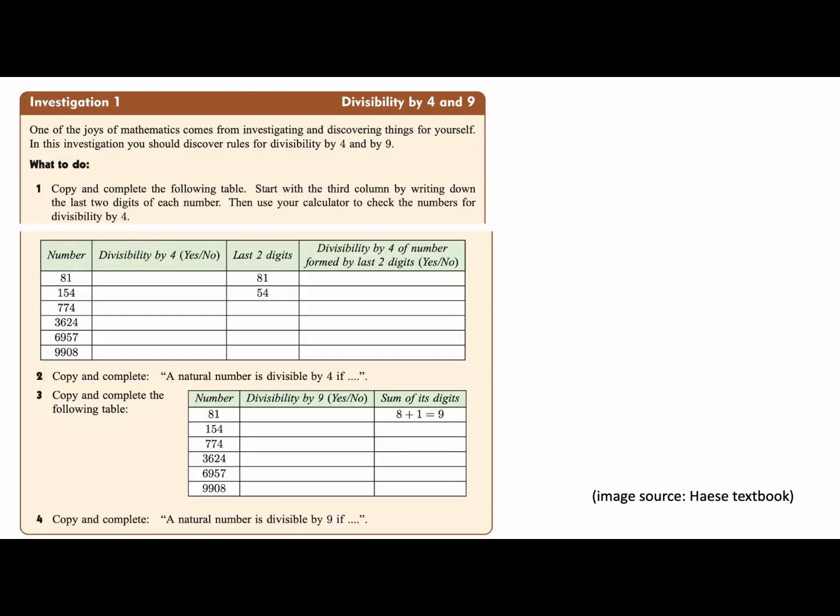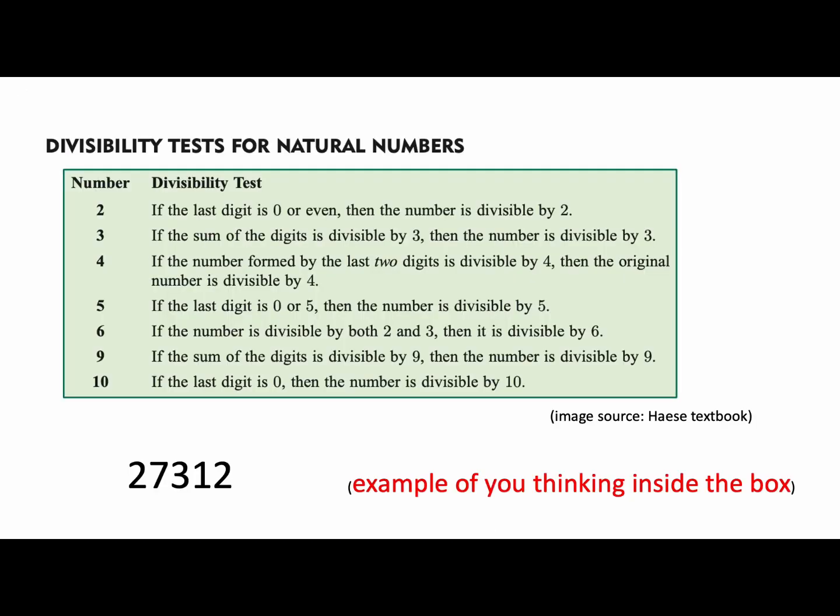Let's use Year 7 divisibility as an example. Teachers use activities similar to this to introduce divisibility tests for natural numbers. Then, students just need to select and apply these techniques to solve problems. For example, if we look at this big number, and you want to find out whether or not this number is divisible by 3, then we just need to find out if the sum of these digits is divisible by 3.